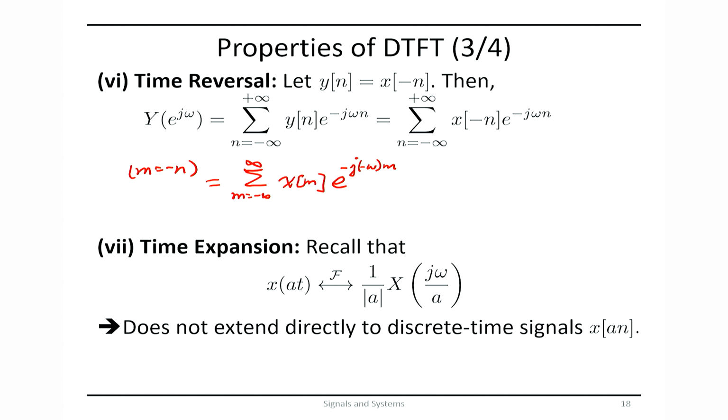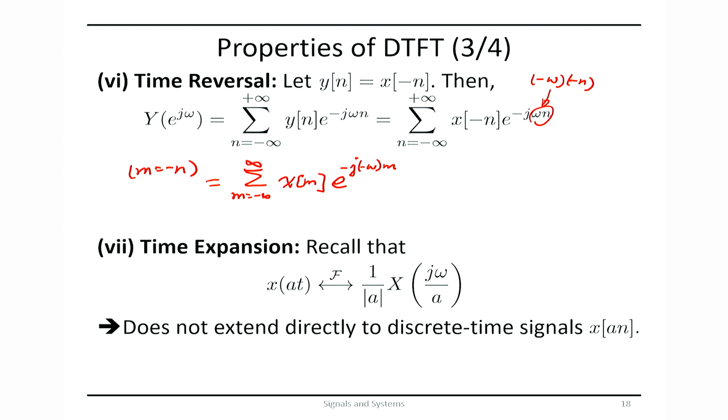The reason for this is because this omega n I could have viewed as minus omega times minus n. So now I'm replacing minus n with m. So what I have here is e to the minus j minus omega times m. If you look at this expression, it is the Fourier transform of x at frequency minus omega.